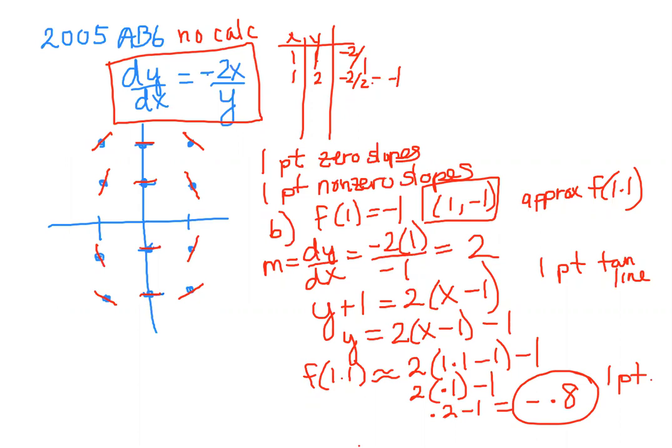All right, so part C says, find the particular solution of y equals f of x with the initial condition f of 1 equals negative 1. So now we have to actually separate the variables and solve the differential equation.